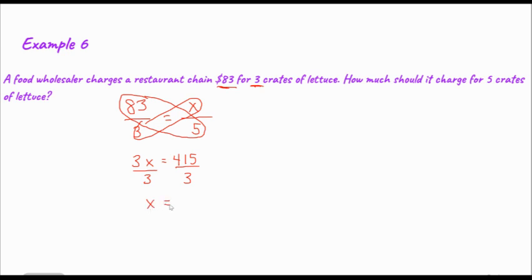Always, always, always. So 415 divided by 3 is $138 and 33 cents. Go ahead and label it as well. So the food wholesaler is charging the restaurant $83 for 3 crates, and the restaurant goes, well, we want 5 crates now. They say, okay, that'll be $138.33.